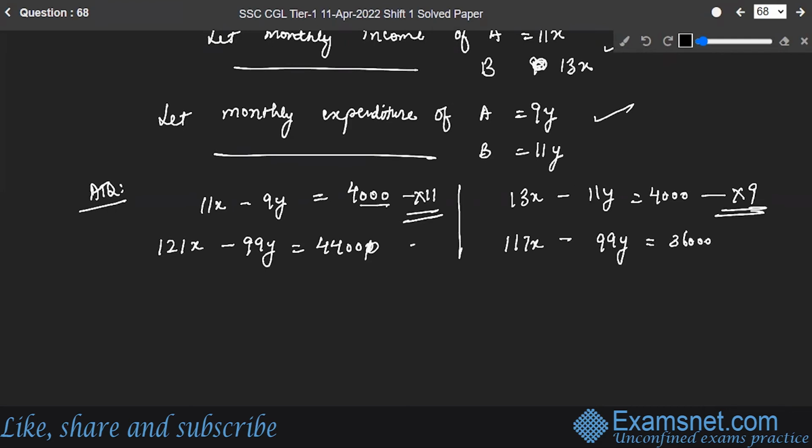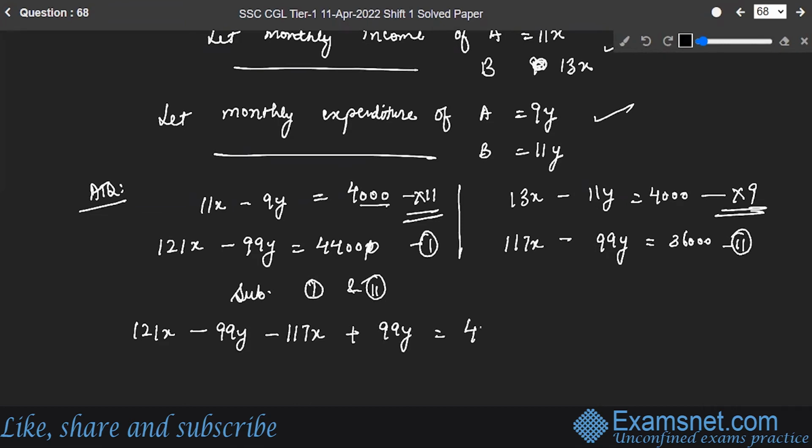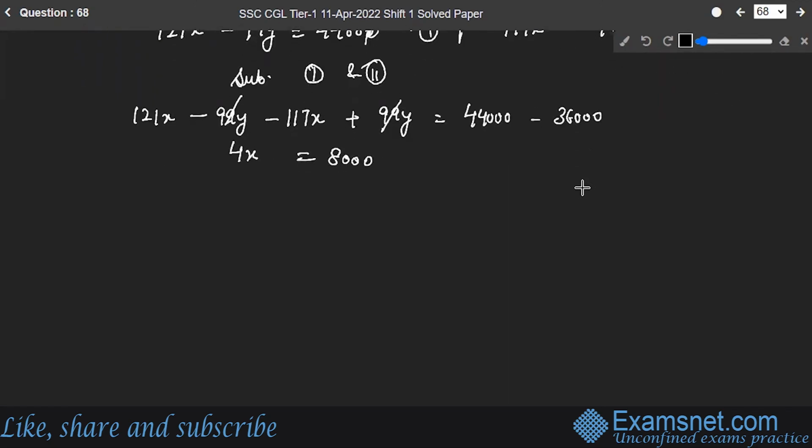So now I'll be doing subtraction between them. Subtracting 1 and 2, you will have 121x minus 99y minus 117x plus 99y is equal to 44,000 minus 36,000, and they will cancel, and 121 minus 117 will give you 4x. 44,000 minus 36,000 will give you 8,000, which gives you x is equal to 2,000.